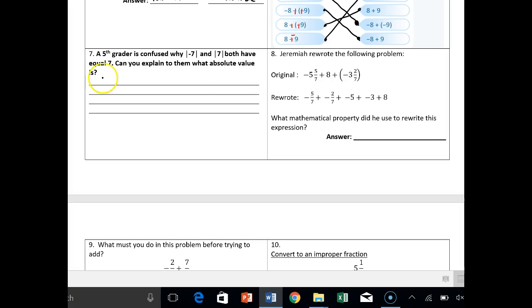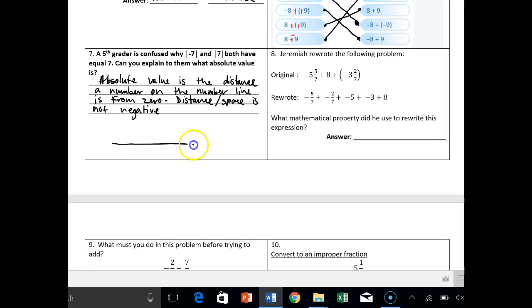So basically you can say absolute value is the distance a number on the number line is from 0. Distance, or space you could say, is not negative.